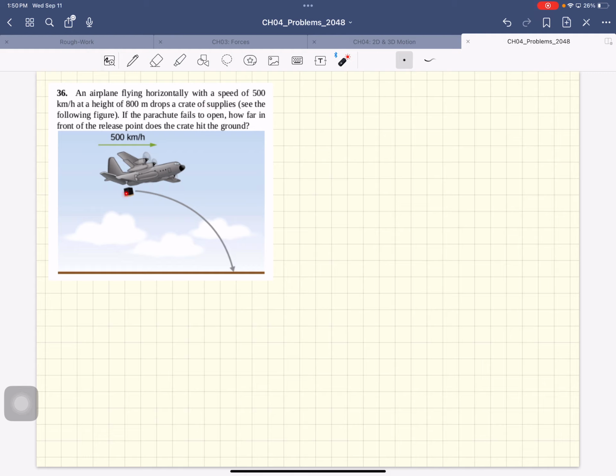So when you drop this crate, what is the velocity of the crate? It's whatever the velocity of the plane is, okay? So the initial velocity is 500 kilometers per hour i plus 0 j.